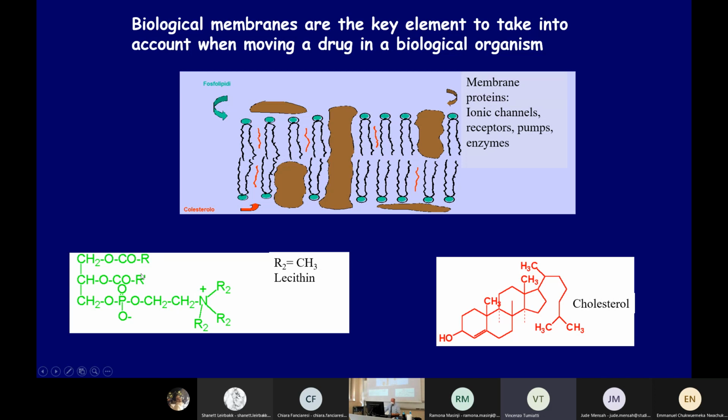And the fatty acids normally are linked with the ester bond in the second position of glycerol. This very simple molecule, CH2OH, these three alcohols, is glycerol. Very simple molecule. And in position 2, normally there is the fatty acid bound with the ester bond.